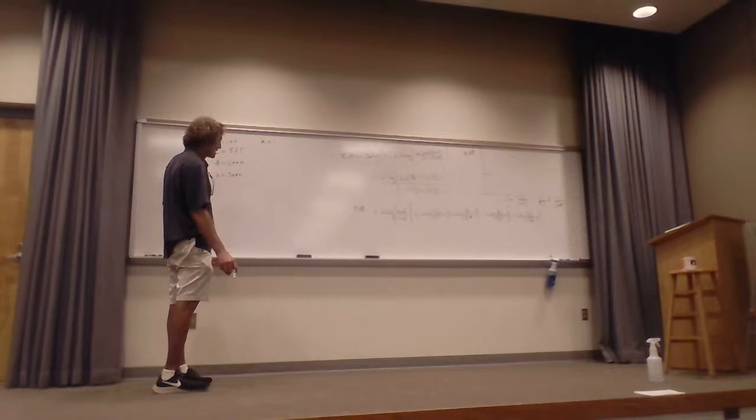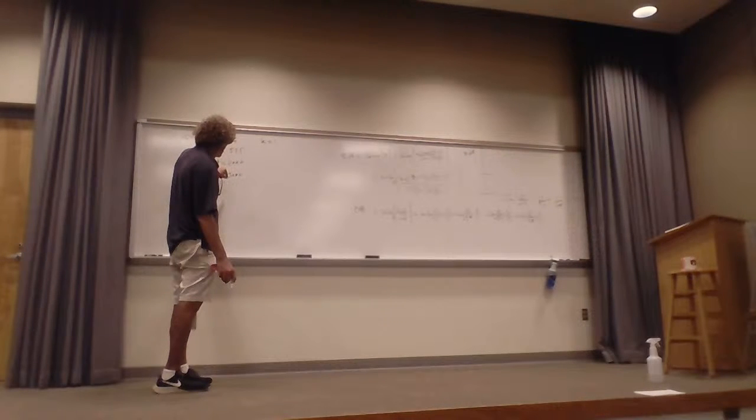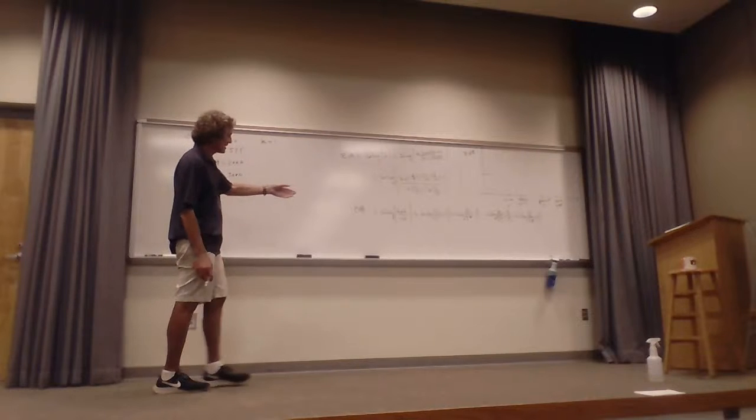When I put these numbers in there, I got 100 times 3,000 divided by 2,000 and divided by 525. So it's really 100 times 3 divided by 2 divided by 525 and times 20.